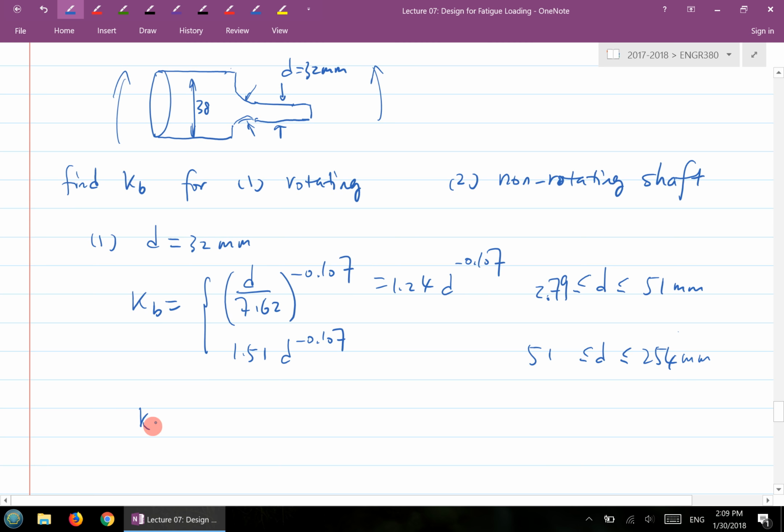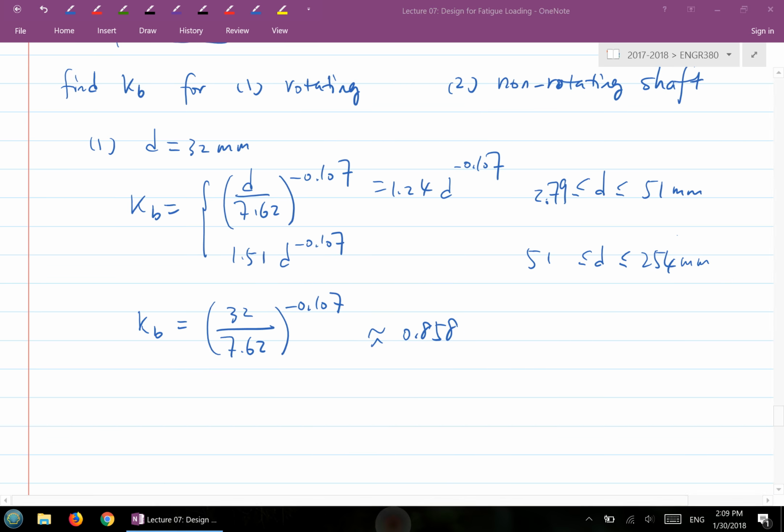So apparently our current key D32 is the first formula, so that's 32 over the 7.62, and then to the power of 107, and this is approximately 0.5858. Okay. This is when your shaft is rotating and constant bending, so that constitutes this completely reversed loading condition here. Okay, yeah, that's your KB.